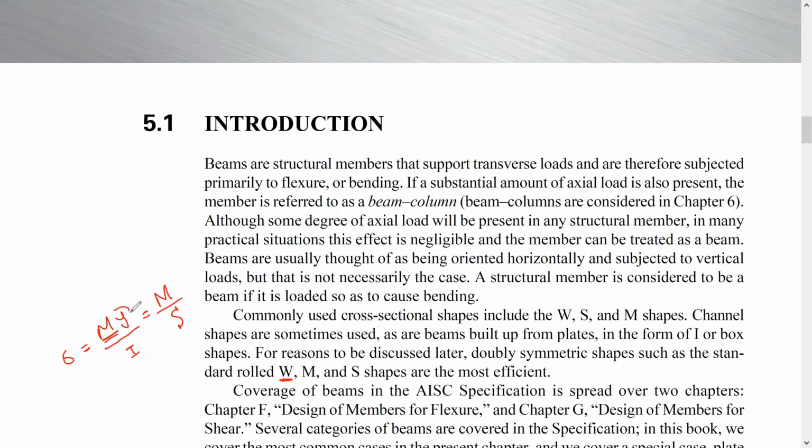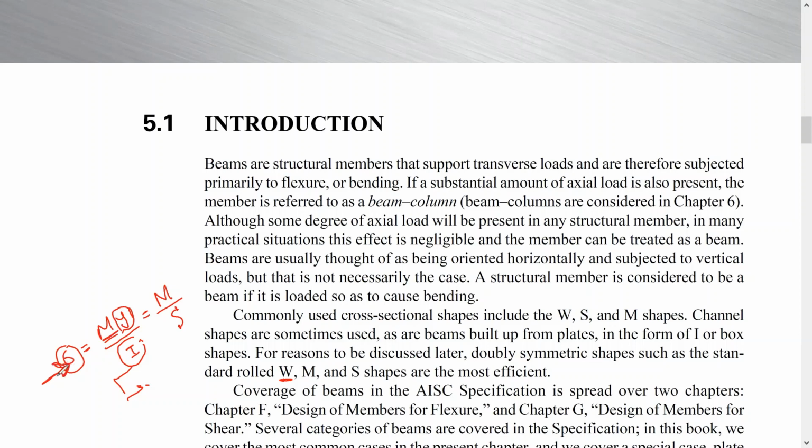And y is the distance from the neutral axis to the extreme fiber, where the yielding starts. And I is the moment of inertia. So if we have a cross section with a large value for I, the stress will be smaller, meaning the moment of inertia is inversely related to the stress. And this is a bending stress.